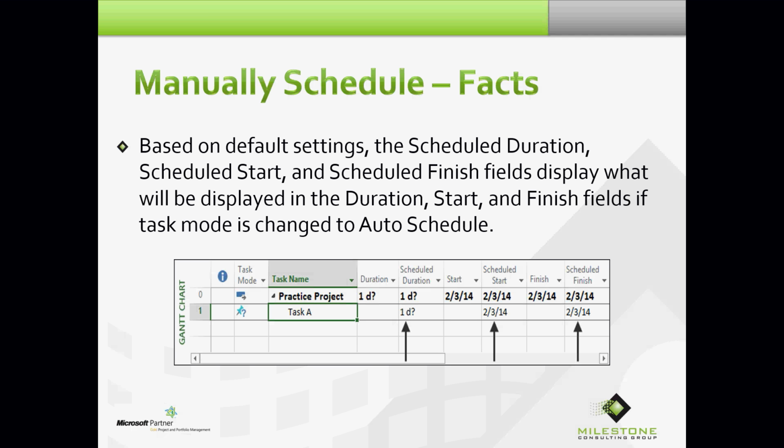So if you look at my screenshot, when they added manually scheduled mode, there's 3 new fields in Project that came in 2010. Scheduled duration, scheduled start, and scheduled finish, which allowed the engineers at Microsoft in manually scheduled mode to not display values in duration, start, and finish.